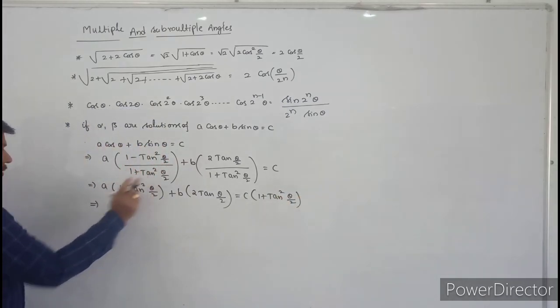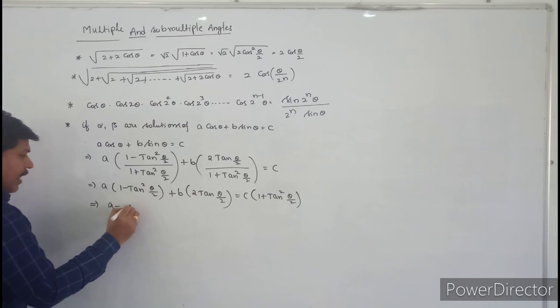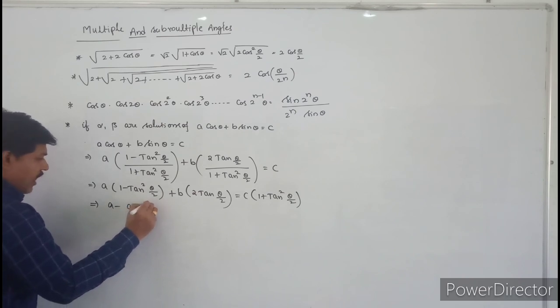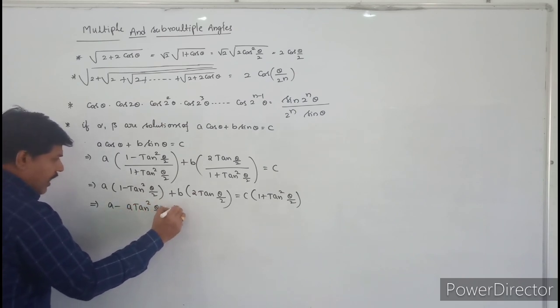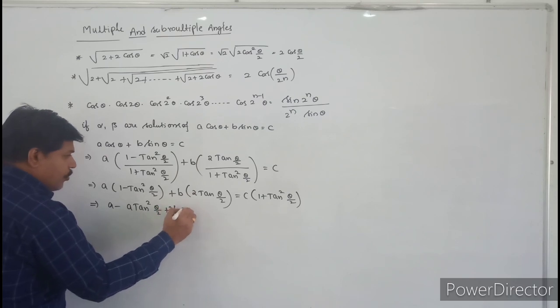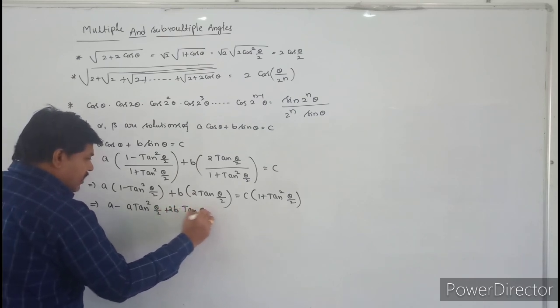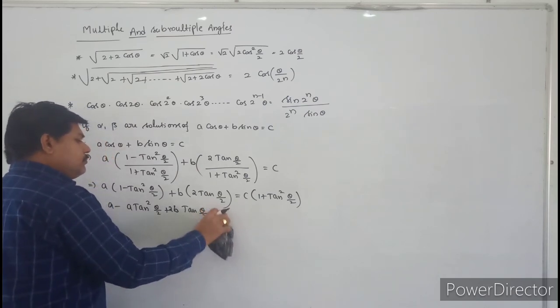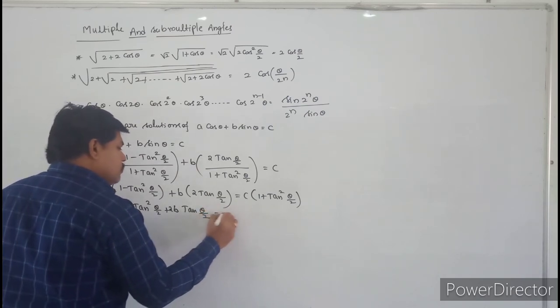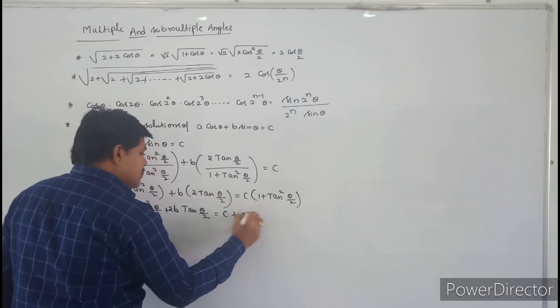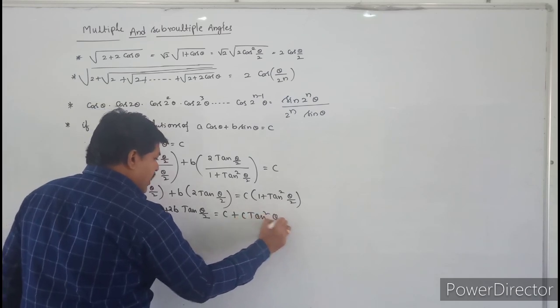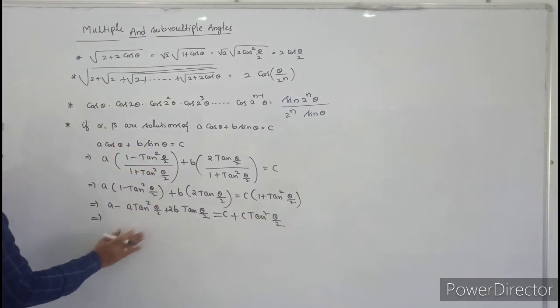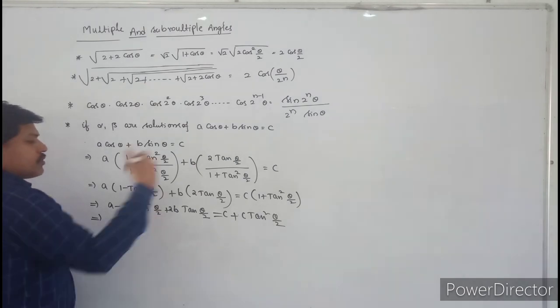So that implies, multiplying with a, a minus a tan square theta by 2 plus 2b tan theta by 2 is equal to c plus c tan square theta by 2. So what I will do is take all these terms to that side.